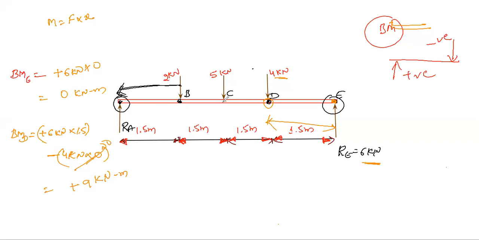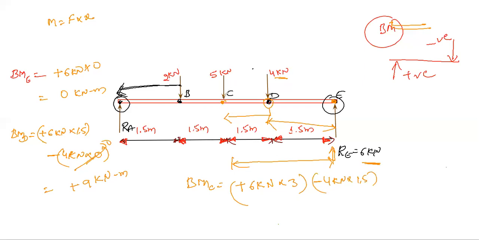Similarly, you need to calculate the bending moment which is acting at point C. Here we have this reaction force, 6 kilonewton, into the perpendicular distance, which is 3. Next, the downward force is minus 4 kilonewton into the distance of 1.5.